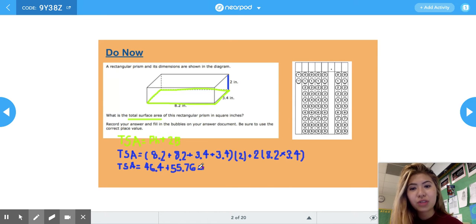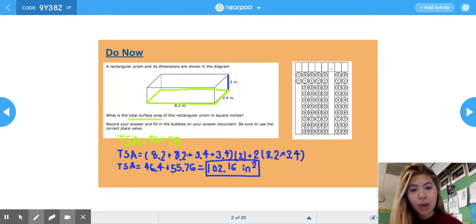When I add together 46.4 plus 55.76, I get 102.16. And my unit of measurement is going to be inches squared, since this is surface area.